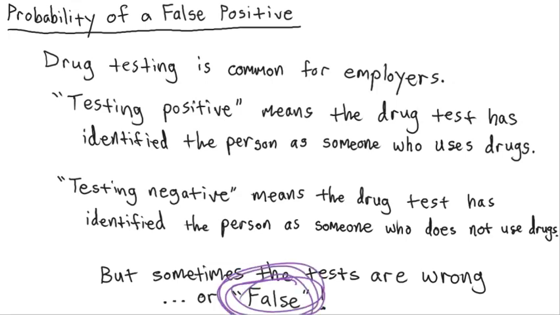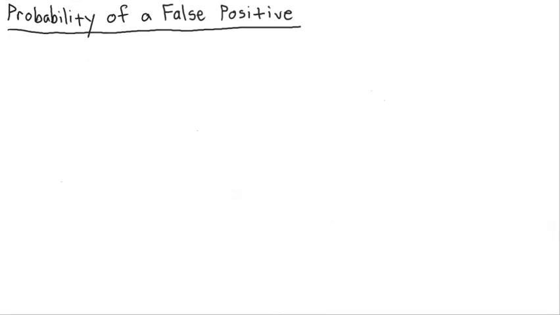Let's see if we can look at this from a mathematical point of view. We're going to create a contingency table here. One possibility is that the person actually is a drug user. The other possibility is that the person is not a drug user.